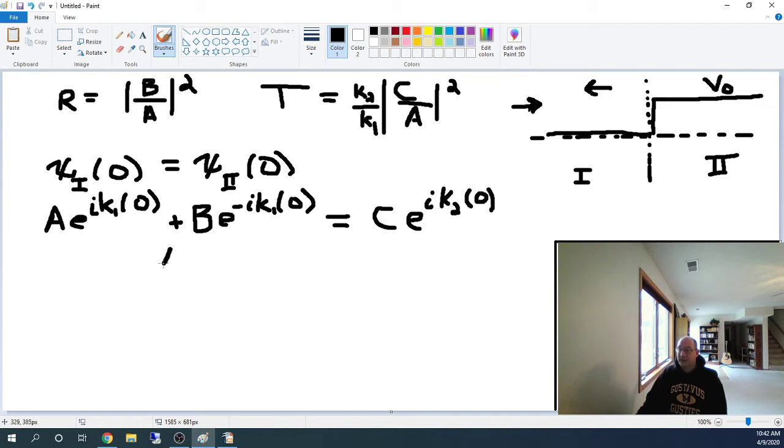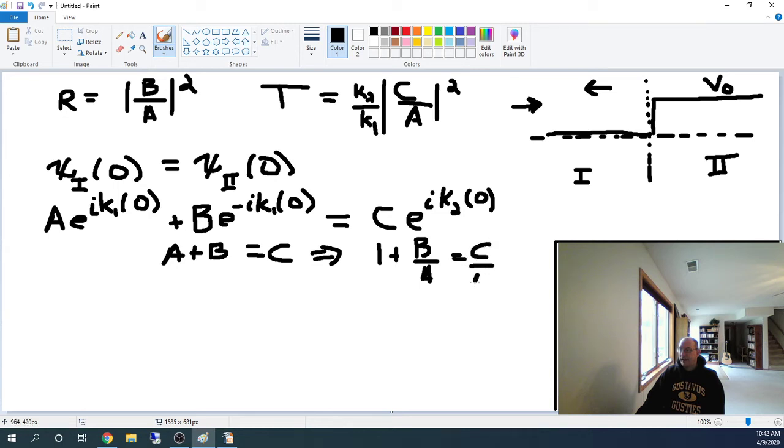So what this tells us is that A plus B equals C. Or alternatively, dividing the whole equation by A, 1 plus B over A equals C over A. Okay, so that's the first condition.